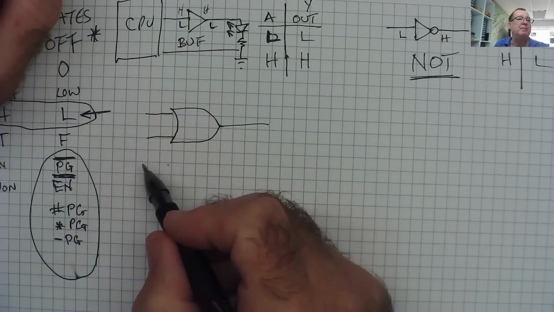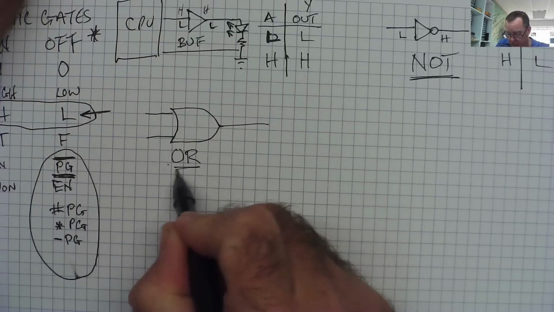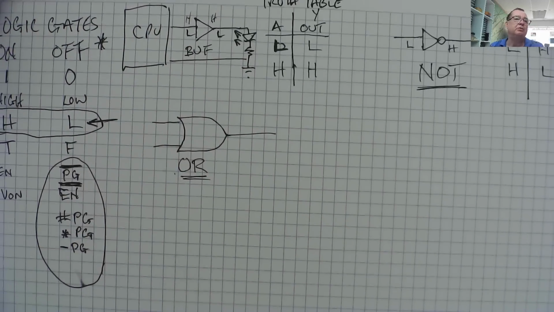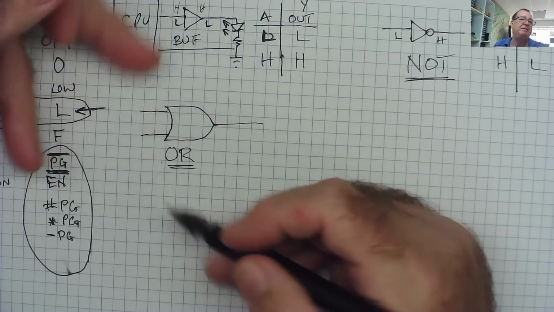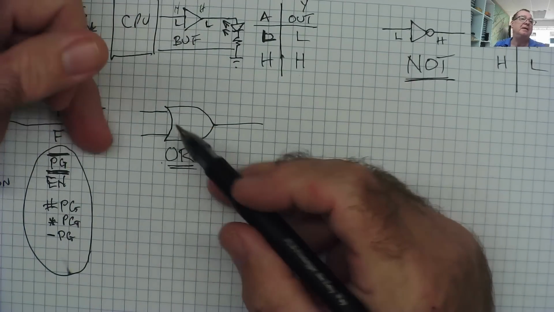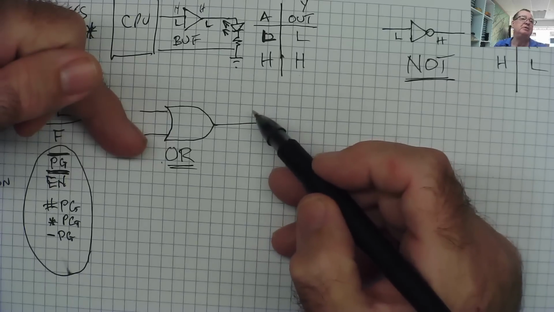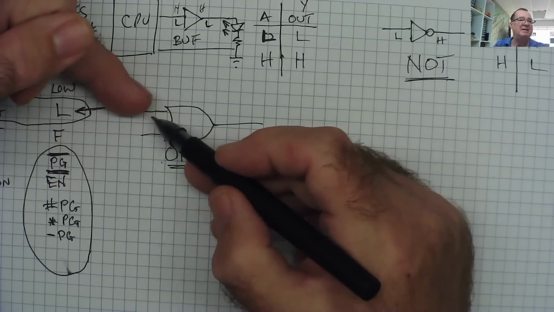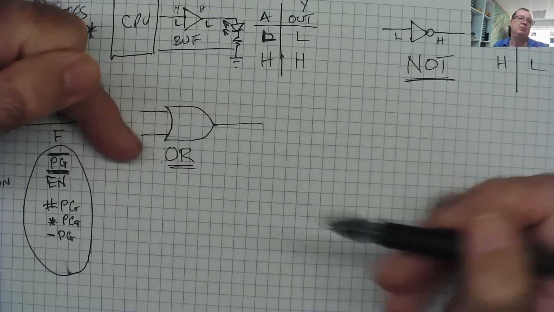And we've now got 2 inputs. Why is it called OR? Because the output is high if either of the inputs are high. If that is high or this is high, this will be high. Let me do it again. If this is high or this is high, this will be high.